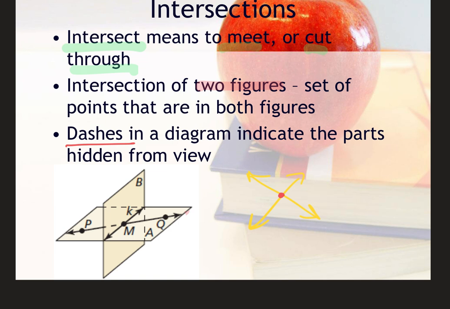Then you've got the horizontal plane, which we could call plane A, that's the name. Or because line PM or PQ or MQ lie on that plane, you could also call that plane PMQ. Again, those two planes meet at line K.